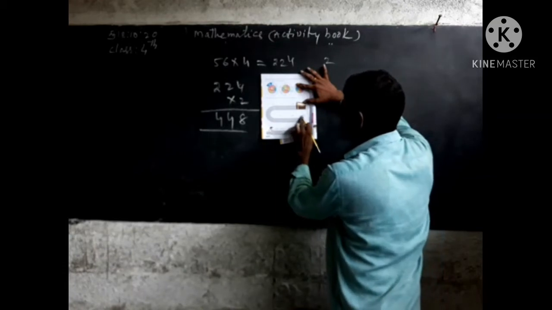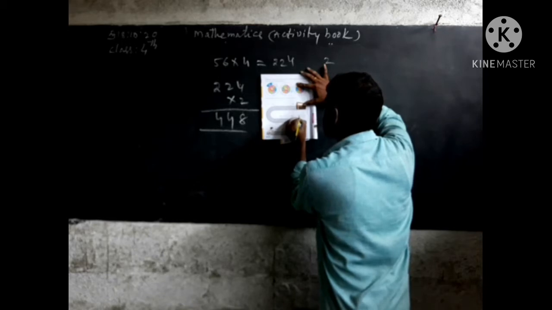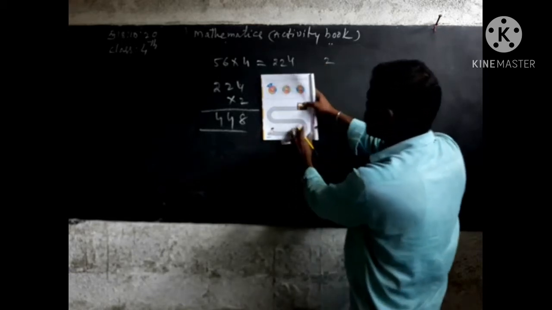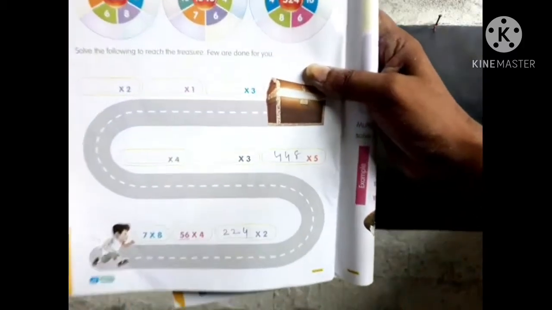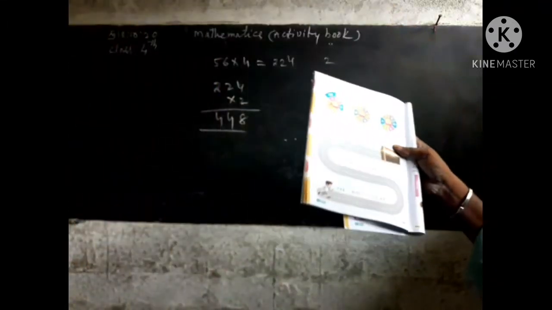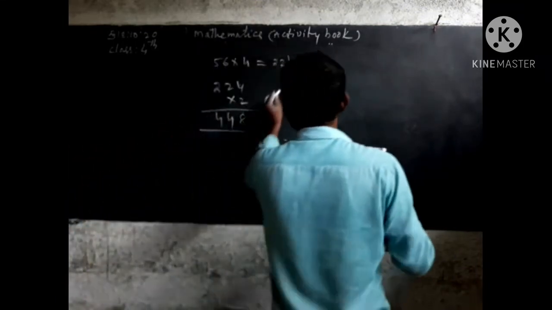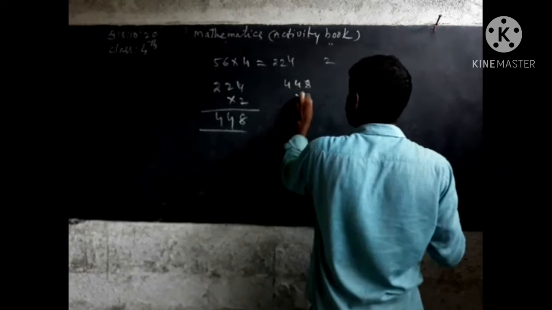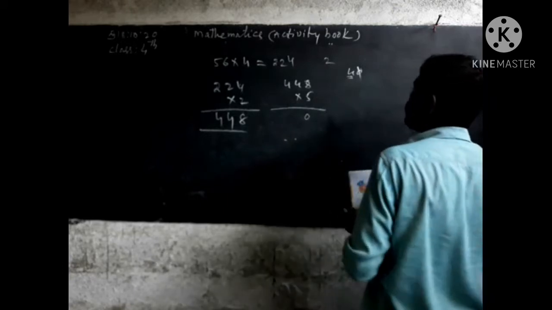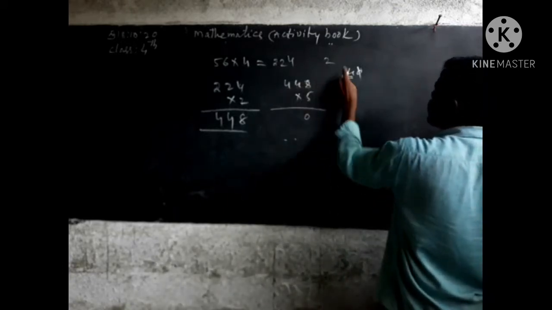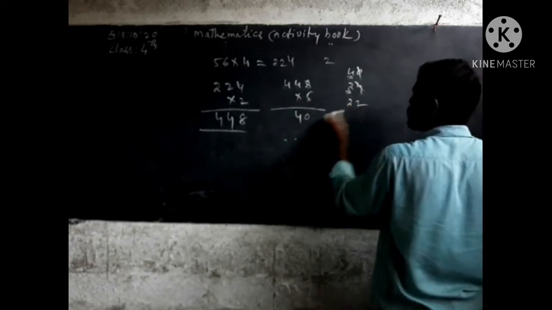So this is the first step. Next, what do we get? 448. Again 448 is multiplied with 5. 448 into 5. 5 8s are 40, 0 taking, carrying 4. 5 4s are 20, 20 plus 4 is 24, 4 taking, carrying 2. 5 4s are 20 plus 2, 22.